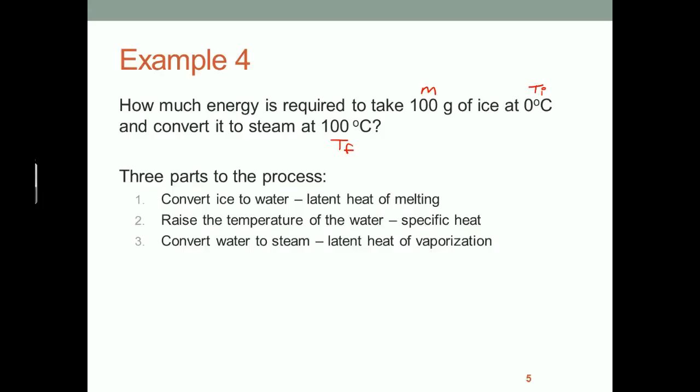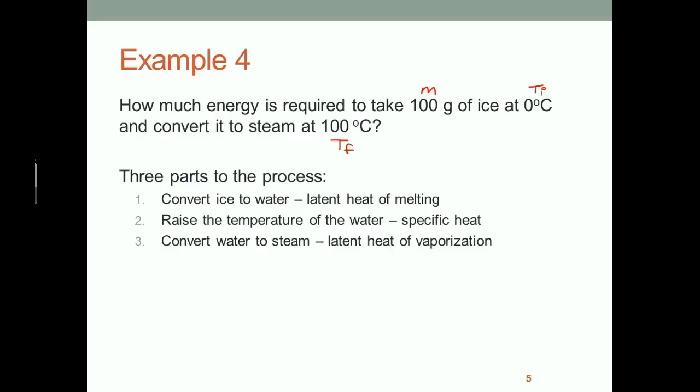Therefore, we need to know the values for the latent heats and the specific heats for water. Those can be found in the table. In order to work this, you have to do it in 3 parts. The first thing you need to do is convert the ice completely over to water.